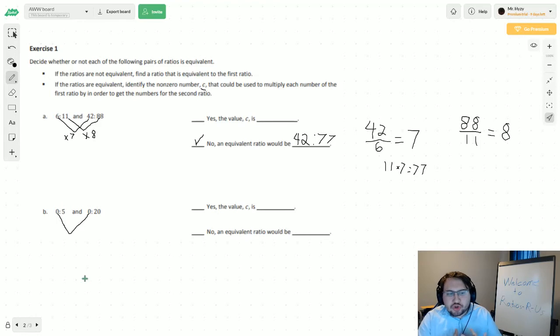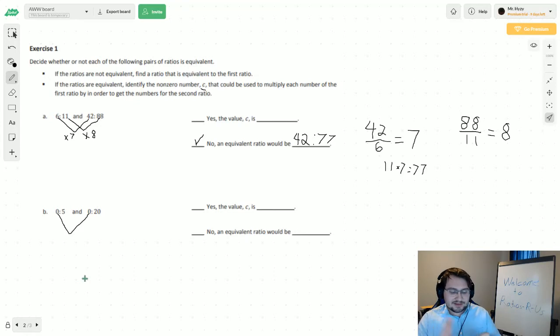That's a little tricky because I can't think of one number that I multiply 0 by to get 0, because any number that I multiply 0 by is going to give me 0. If I multiply 0 times 1, that gives me 0. If I multiply 0 times 2, that gives me 0.